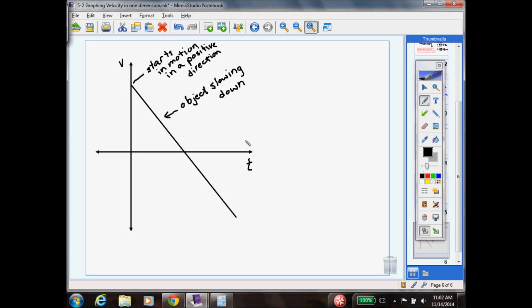So we can't say at rest, but we can say at this time, velocity equals 0.